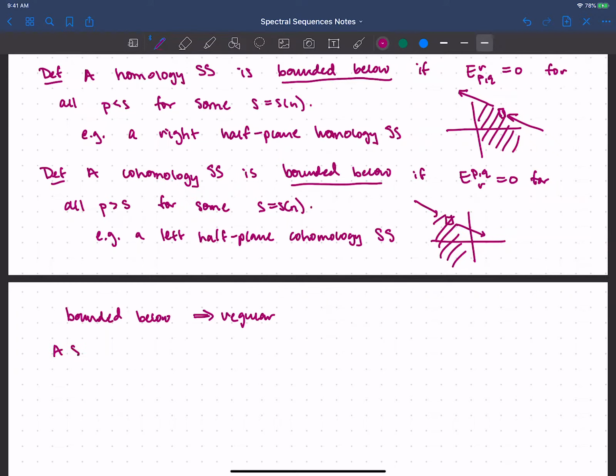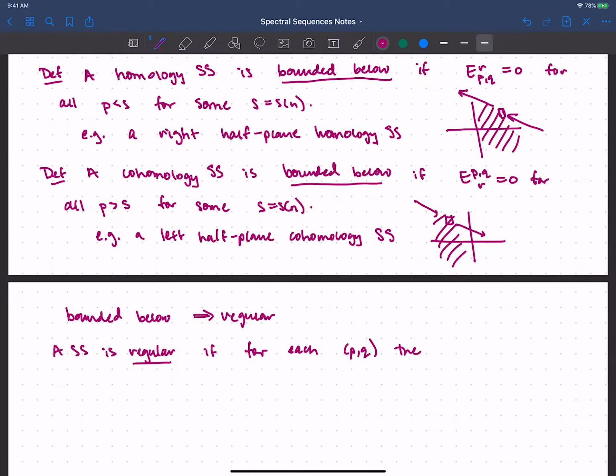Okay, so a spectral sequence is regular. And now I'll be kind of lazy and define both at once. Well, it's regular if you look at each spot, as usual, and now what can we say in both of these situations?